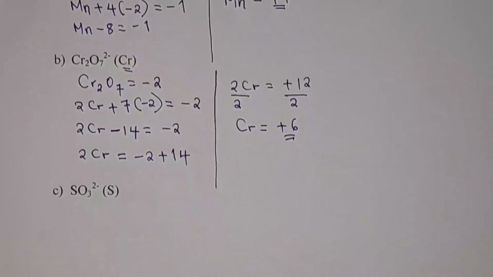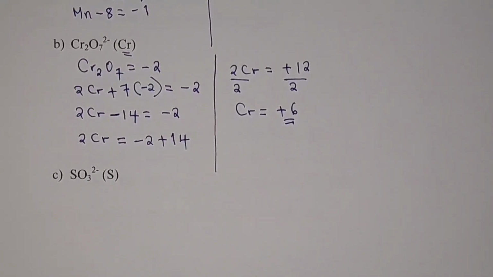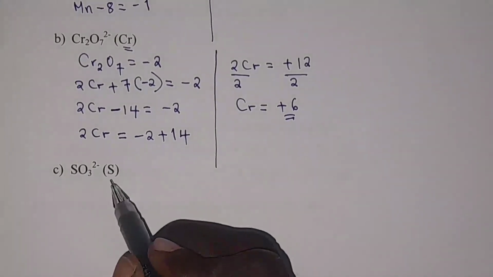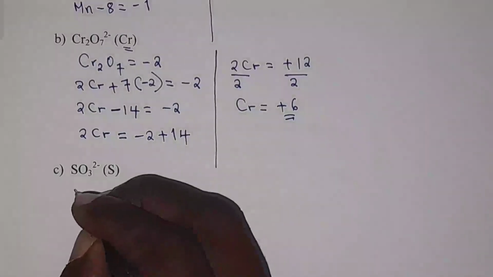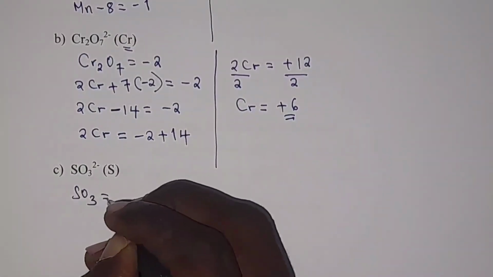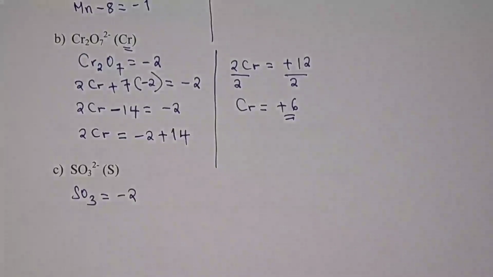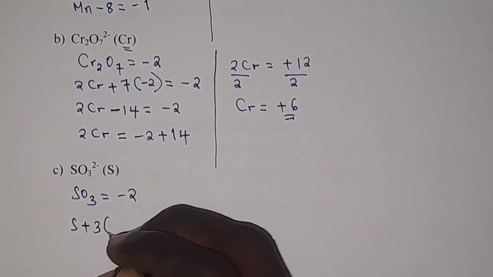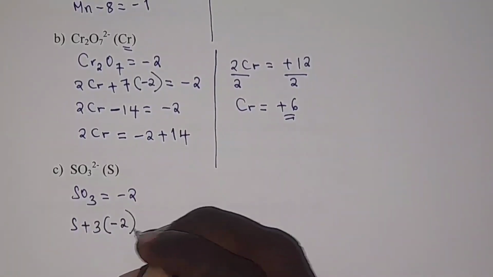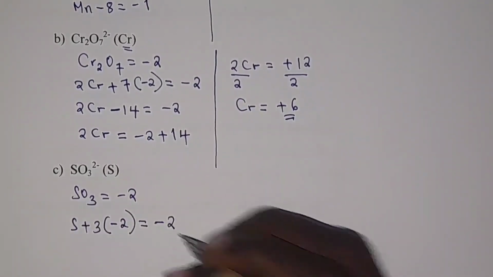But in the same question, the oxidation number of S, that means the oxidation number of sulfur in this sulfite ion. So we're going to say SO3 will be equal to negative 2. We don't know the oxidation number of sulfur because it's the one that we are told to look for. Plus 3 in bracket, the oxidation number of oxygen is negative 2, close the bracket, will be equal to negative 2.